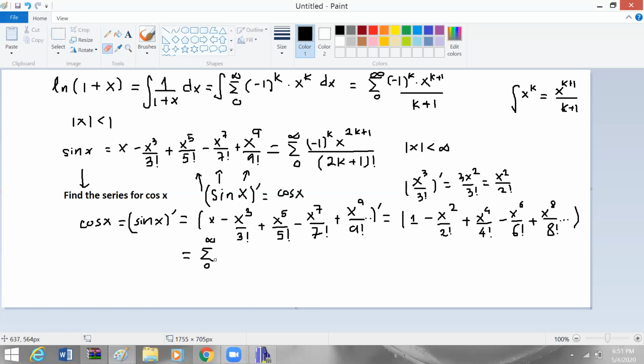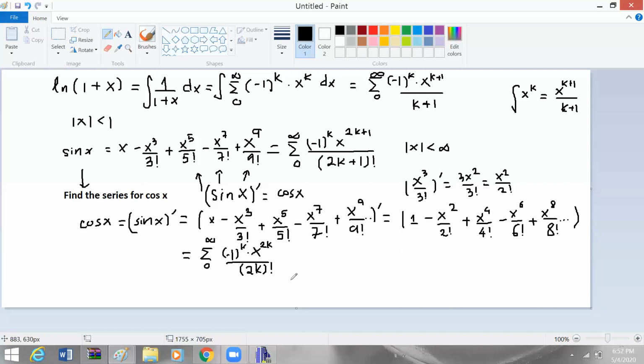We have a negative term for the second, and so on, so that'd be negative 1 to the k, and then we raise to the power x to the 2k over 2k factorial. Right, and then 2, 4, 6, so that'll be for k equal to 1, 2, 3, 4, 5, and so on and so forth.